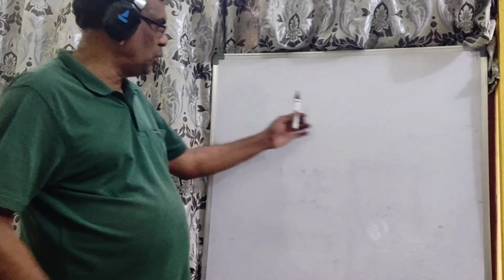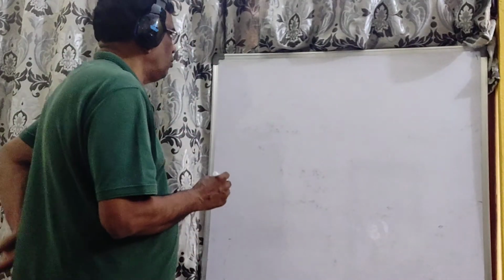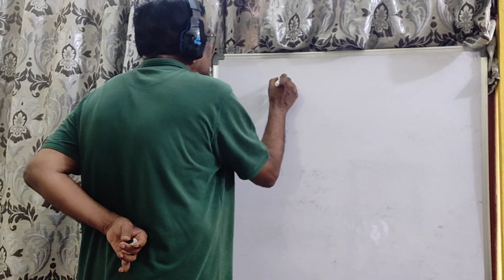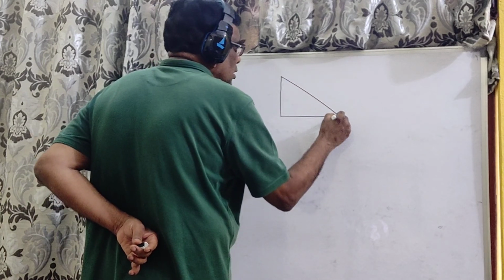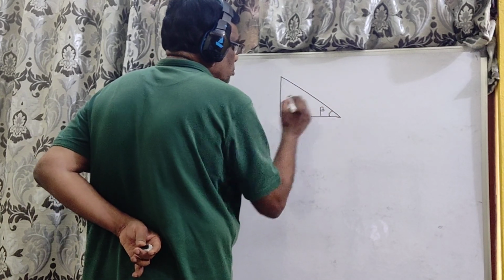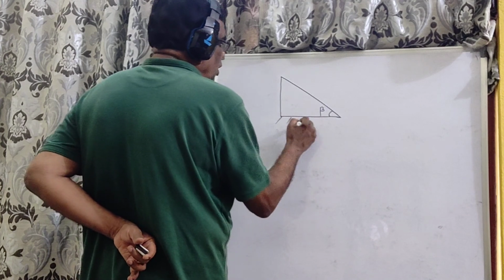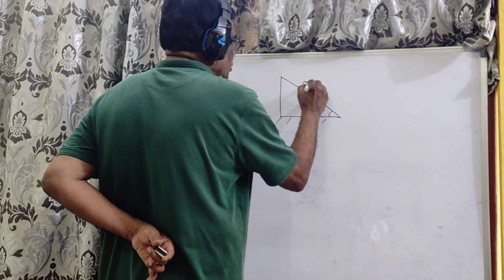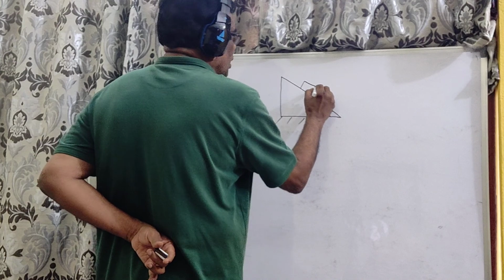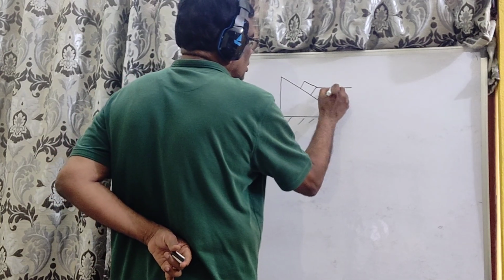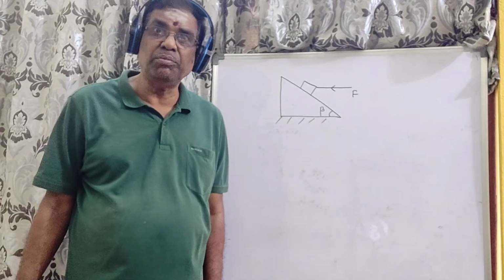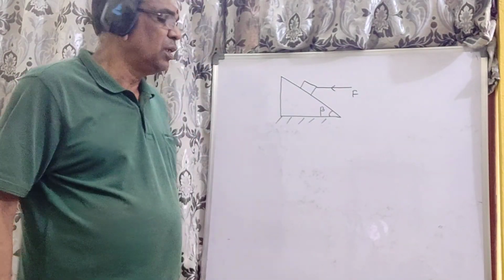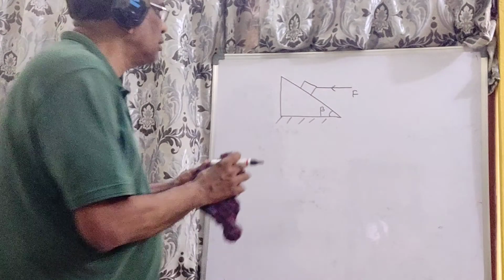So I have shown you how to do that. Now there is one more thing which you may probably come across. This is beta. If you have a fixed incline, and suppose I'm horizontally pushing this with a force, we will say pulling, okay?